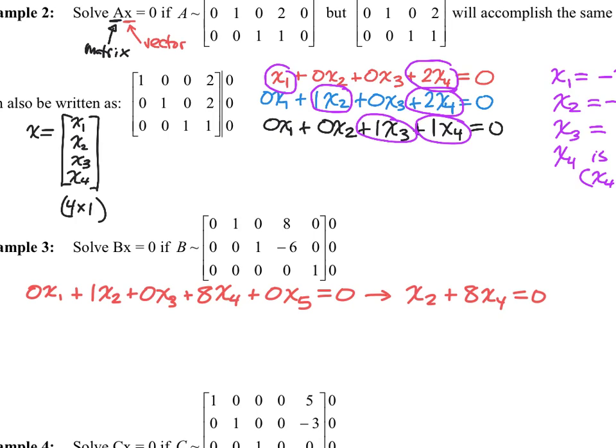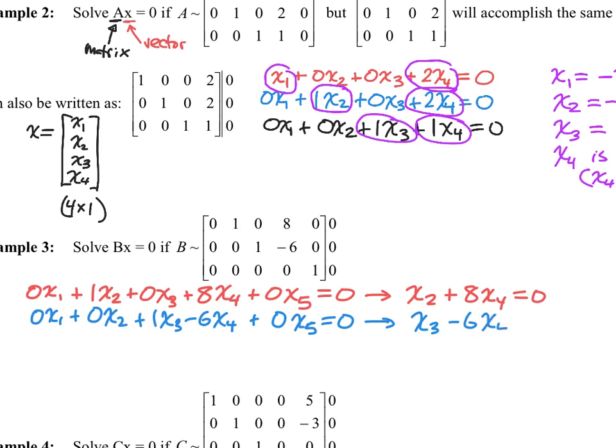All right. So we'll do the same thing with the second row and the third row. So 0 x sub 1 plus 0 x sub 2 plus 1 x sub 3 minus 6 x sub 4 plus 0 x sub 5 equals 0. This one simplifies down to just x sub 3 minus 6 x sub 4 equal to 0.